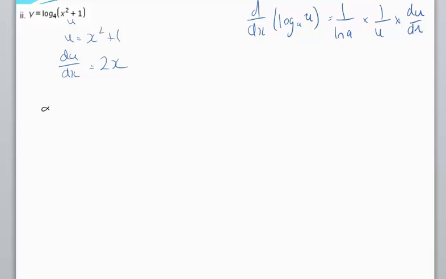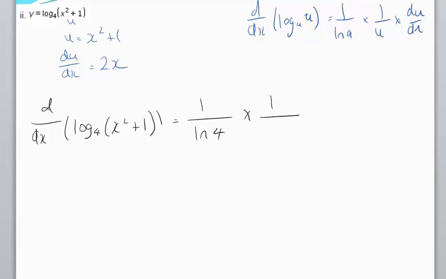So now d on dx, we've got log base 4 of x squared plus 1. So we say 1 on the natural logarithm of a, which is 4, multiplied by 1 on u, which is x squared plus 1, multiplied by du on dx, which is 2x. So we end up with 2x at the top, and at the bottom we've got our natural logarithm of 4 multiplied by x squared plus 1.